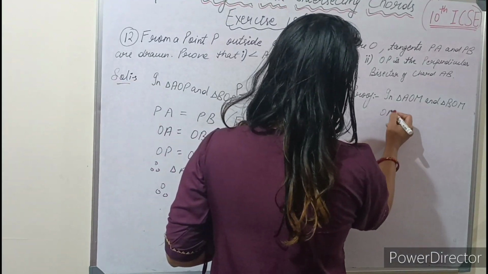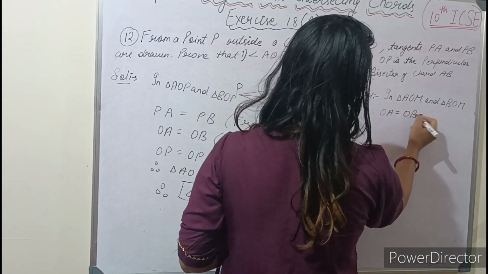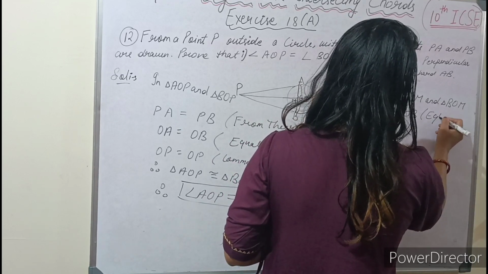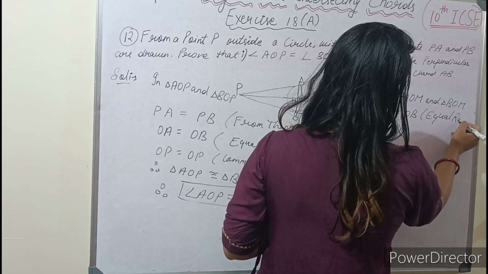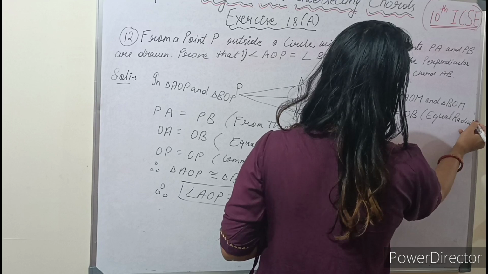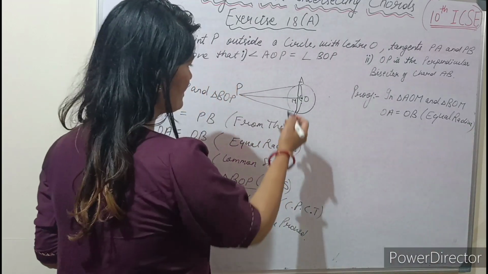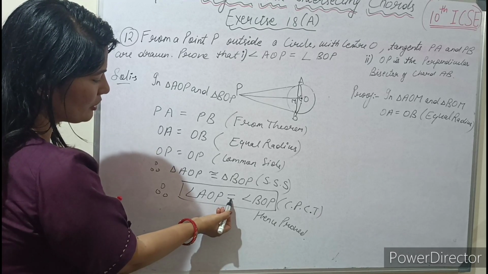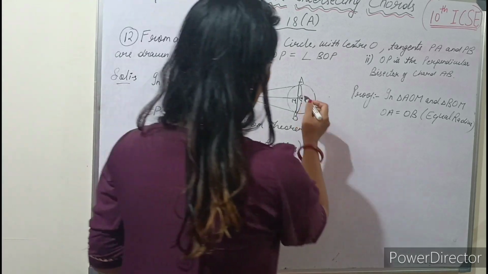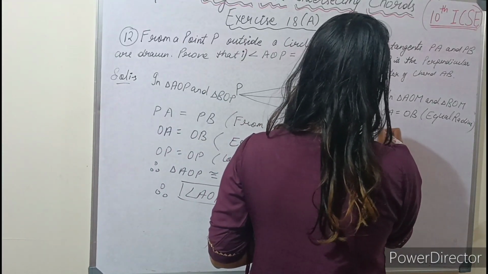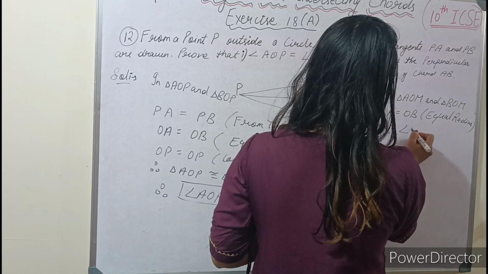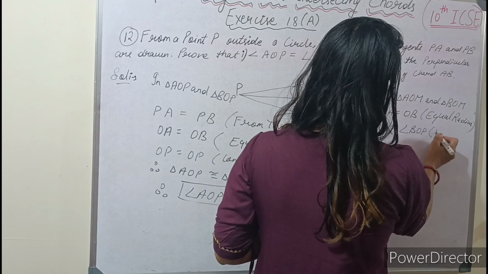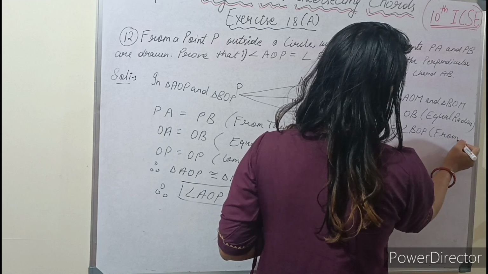So OA is equal to OB, equal radius. Secondly, just now from the first part we got that angle AOP is equal to angle BOP. You can see here, angle AOP is equal to angle BOP. You write this from the first part.